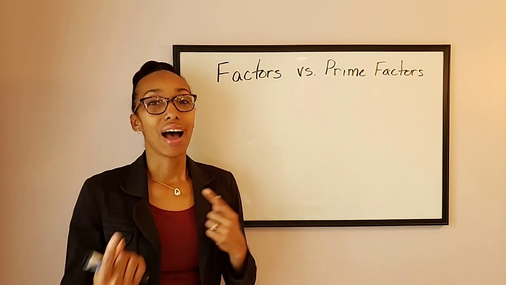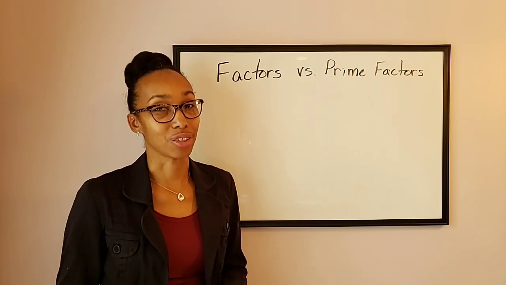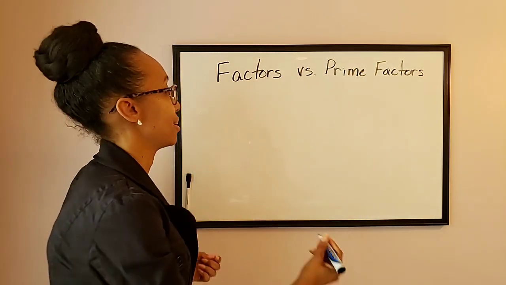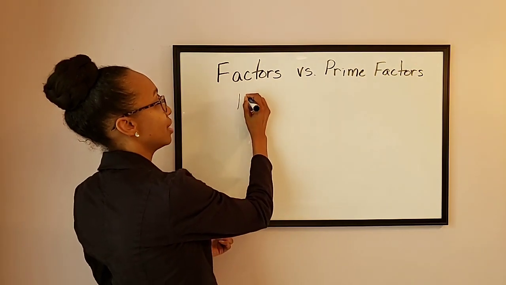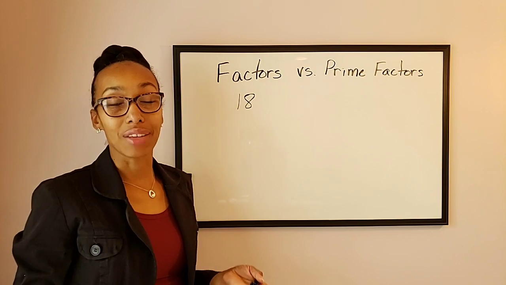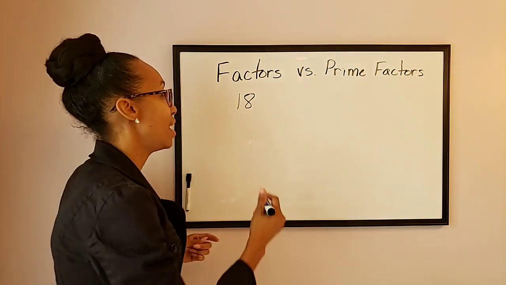So first off, I'm going to show you the difference between factors and prime factors. Now, last time I used the number 12. Today, let's use 18, okay? So we talked about 18 and actually finding out what the factors are, or just what numbers multiply together to give you 18.